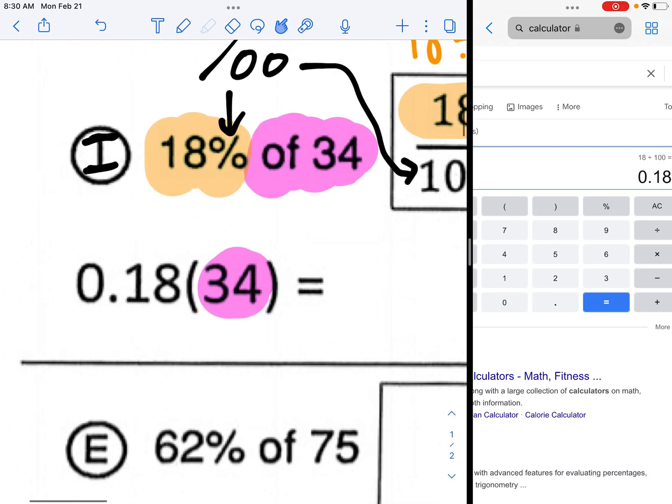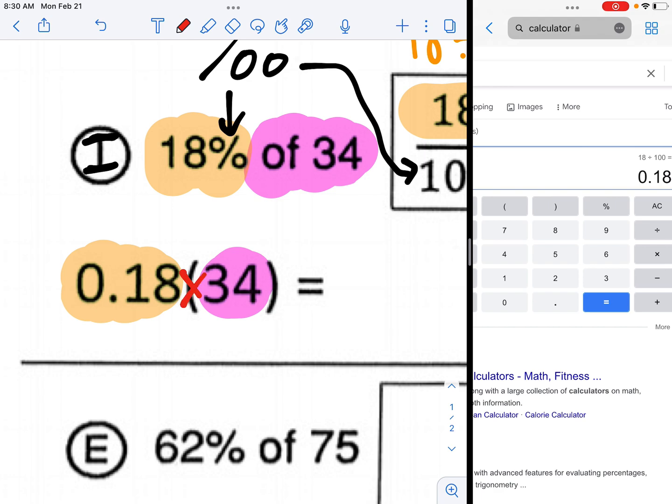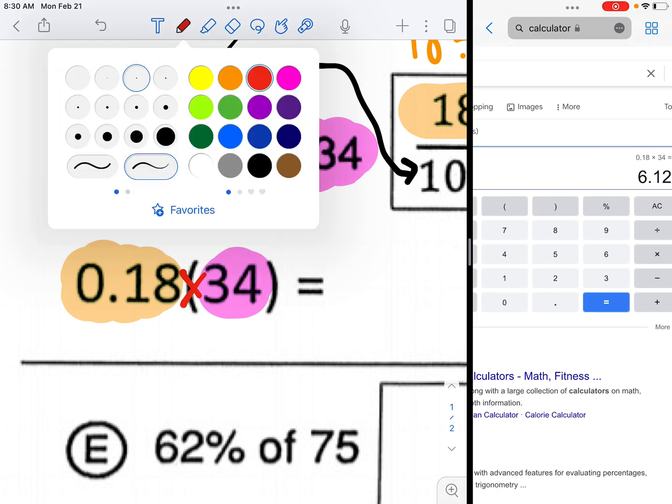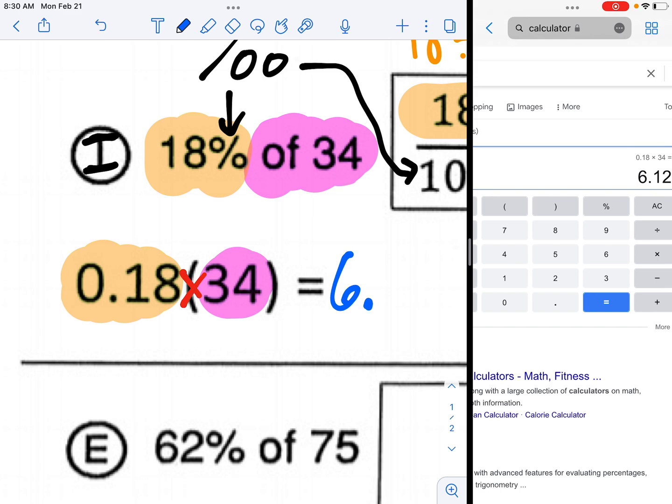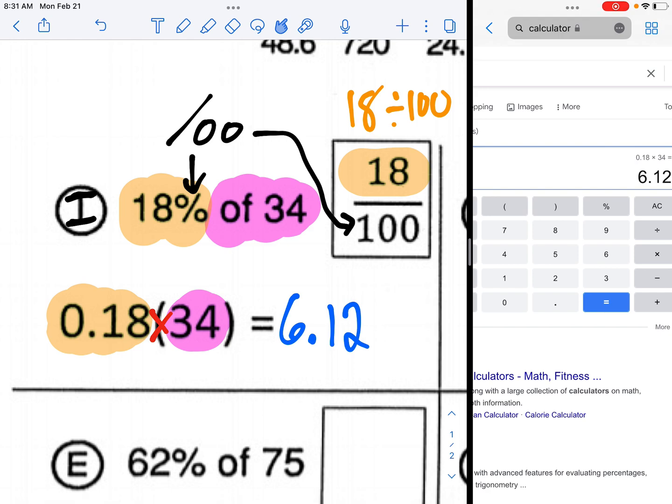That got rewritten one more time right here, and that's what I showed you down below. So now I'm going to remember that when they're smushed together with parentheses, that means times. So times 34 equals. And my answer is the part, 6.12, 6 and 12 hundredths, right? That is 18% of 34. Part of 34 is 6 and 12 hundredths.